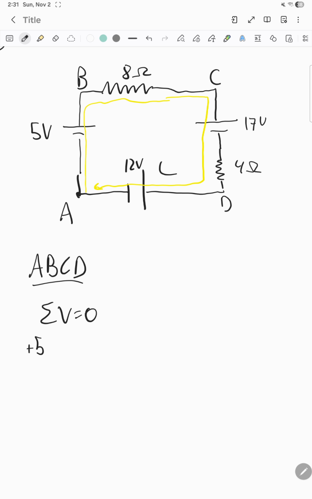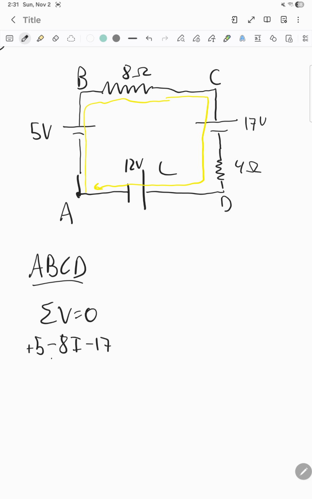Then it's minus 8 times I. Of course, again, this is a series circuit, so the current will be the same in this circuit, so you only have to find one current. All right, here you'll do minus 17 because before you had minus to plus, but here you're going plus to minus, so evidently you have a negative value of 17.